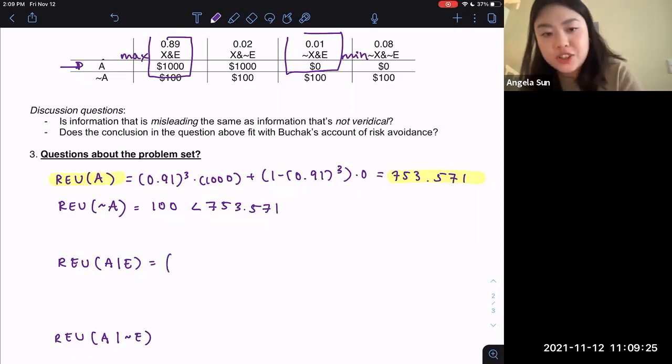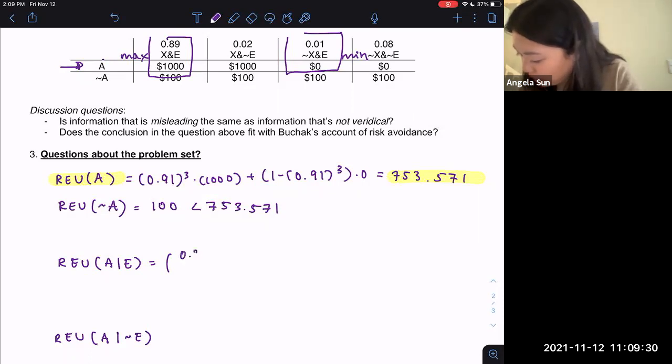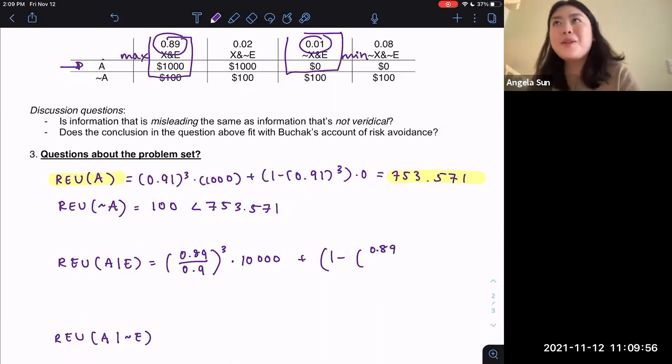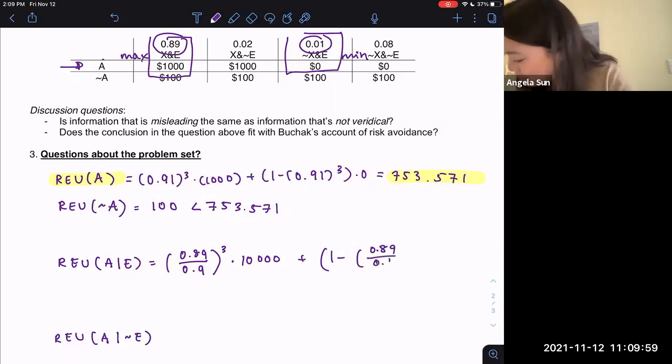We have to take the conditional probabilities. So the probability of max is 0.89 over 0.9, and we have to take the risk-weighted probability, cubed, times U max, which is 1,000, plus 1 minus the risk-weighted probability of max times the min.